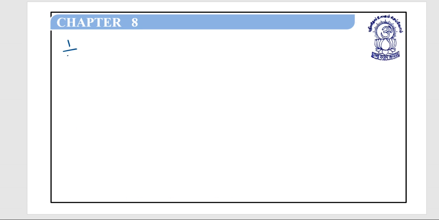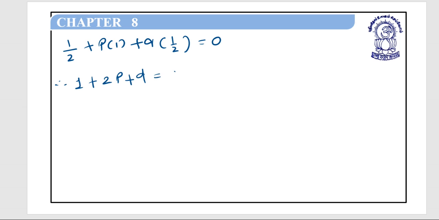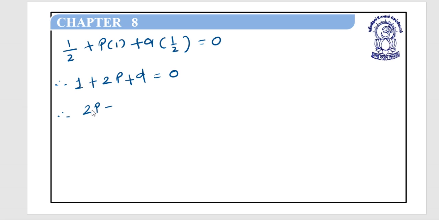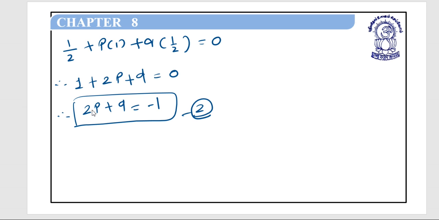So 1 by 2 plus p into 1 plus q into 1 by 2 is equal to 0. So 1 plus 2p plus q is equal to 0. So 2p plus q is equal to minus 1. This is equation number 2.